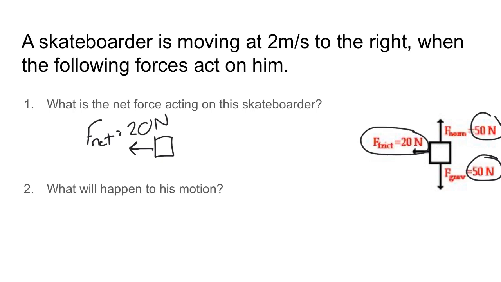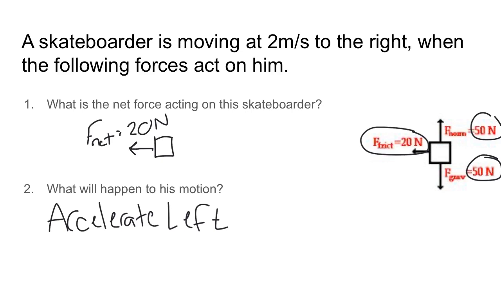Now, what that means is different based on what the object is doing. So I know that it's going to accelerate left. But in this situation, it's moving to the right. And so if this object is moving to the right, but it's accelerating to the left, this object is going to slow down.